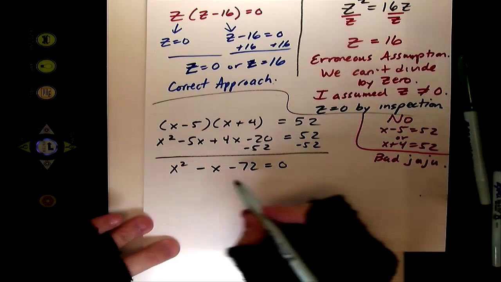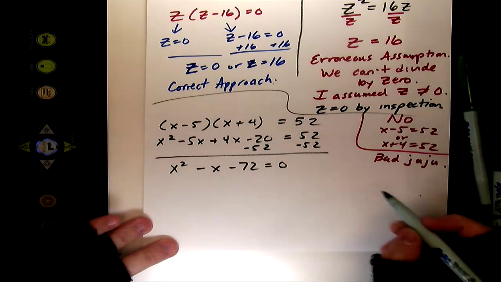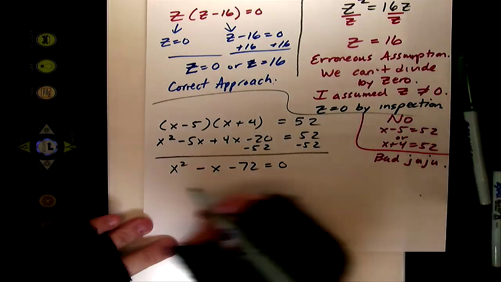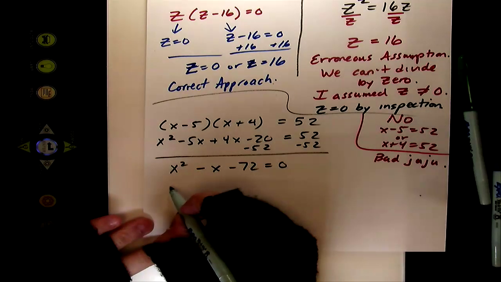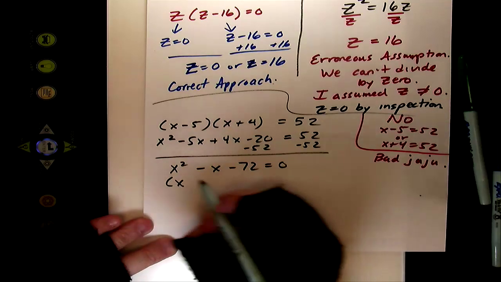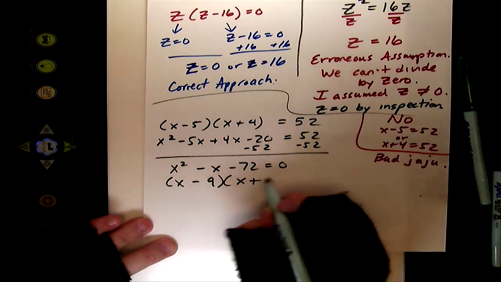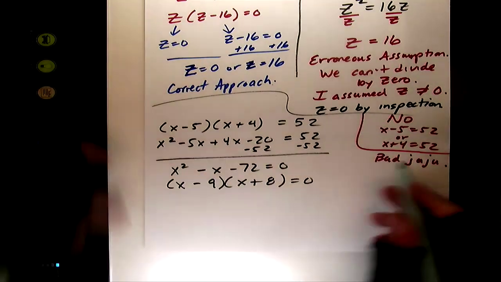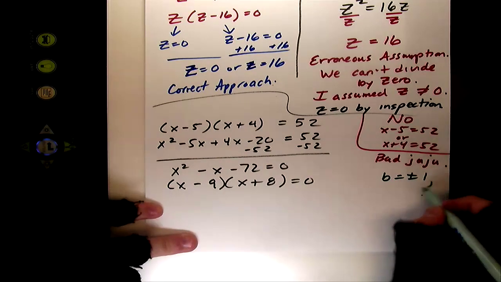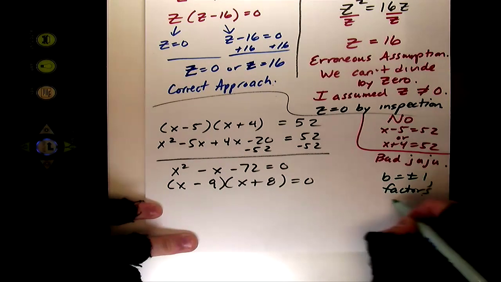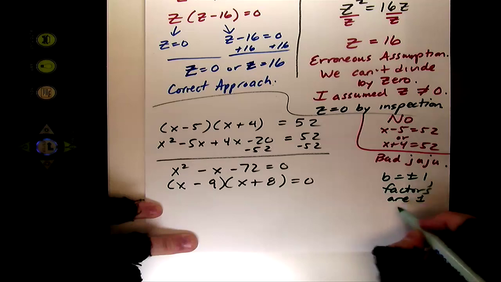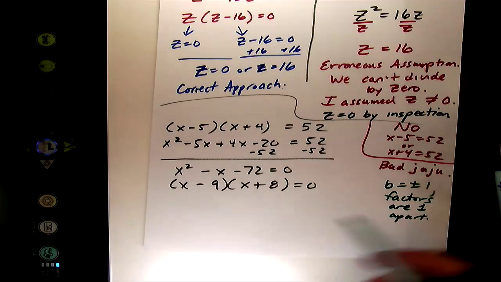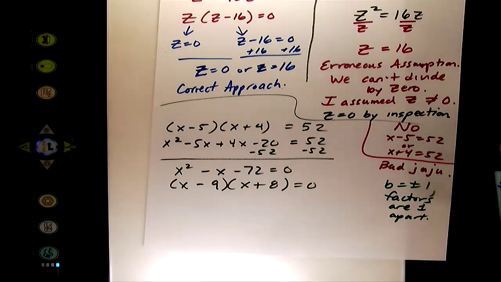All right, so does this factor? Into what? x minus 9 and x plus 8. So if the b equals plus or minus 1, the factors are 1 apart. So 9 and 8 are 1 apart. Then you just gotta choose the right one to make positive or negative.